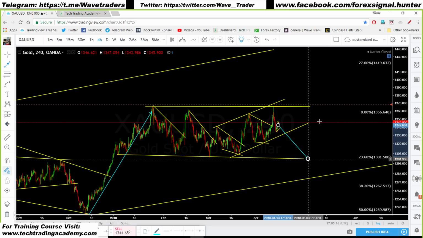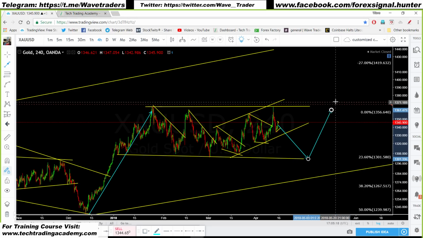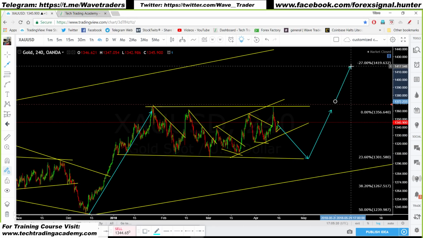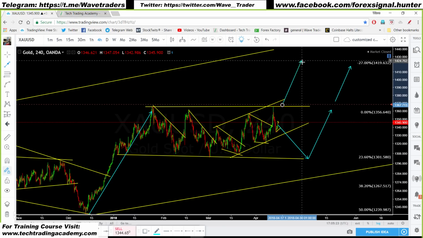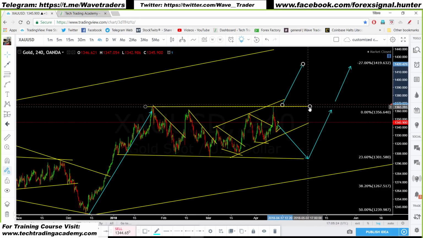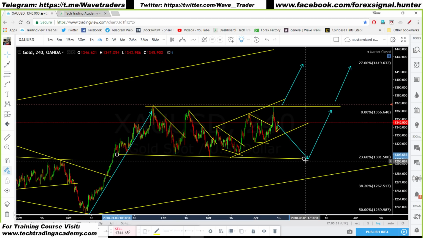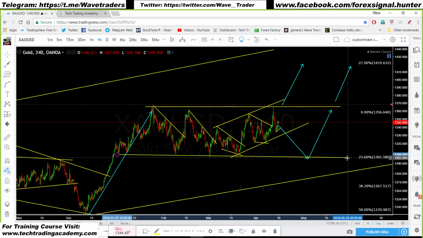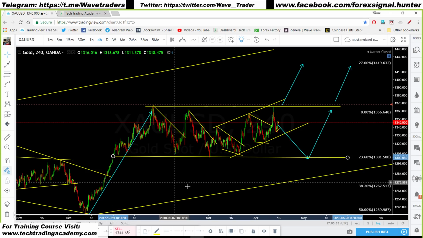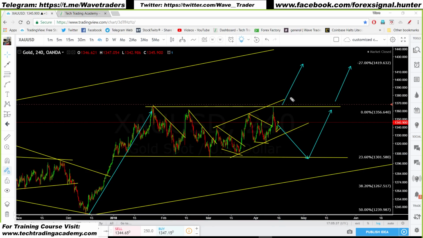Like that, and it can go back to 1400. This is the structure, the range of the market. Price is not going to go away from these ranges for the next couple of weeks. Either we see a breakup and continuation, but buying for that continuation at this area is going to be slightly risky.